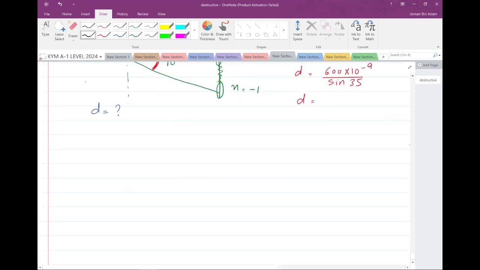Yeah. Okay, here is a note for you, something important. Small d is equal to 1 divided by capital N. What is capital N? Capital N is the number of lines per meter.